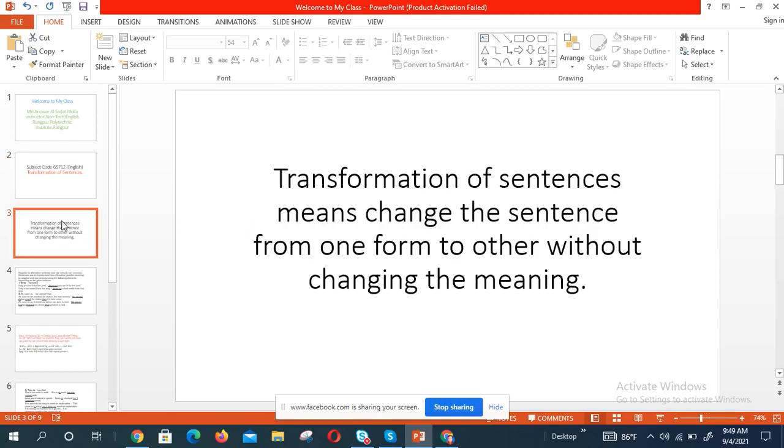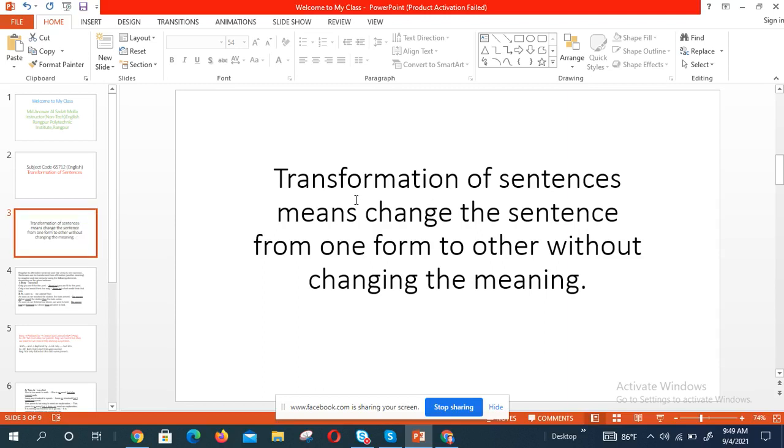First of all, what is transformation? Transformation means changing the sentence from one form to another without changing its meaning. If you change the meaning, it will not be transformation of sentence, but a change in the sense of the sentence.